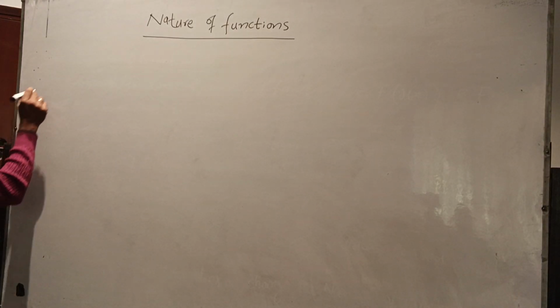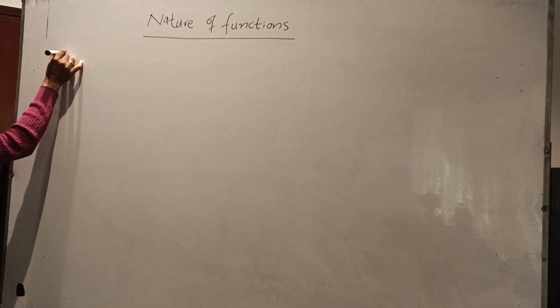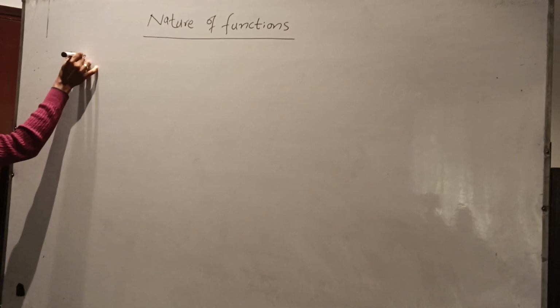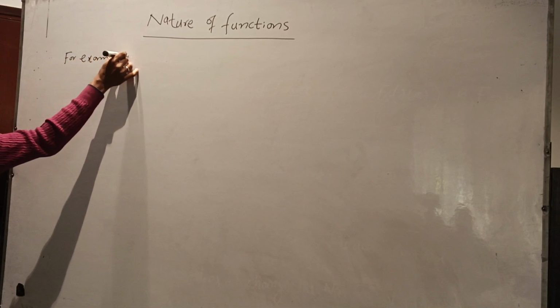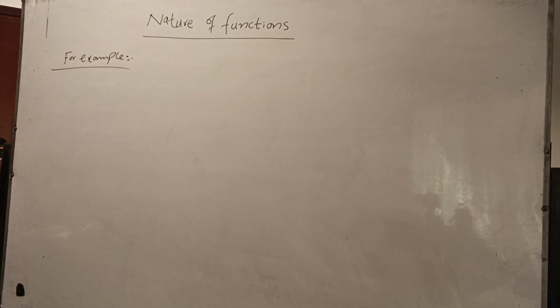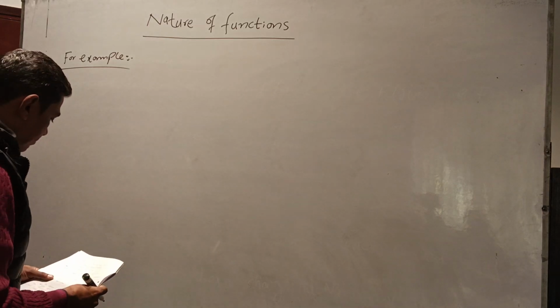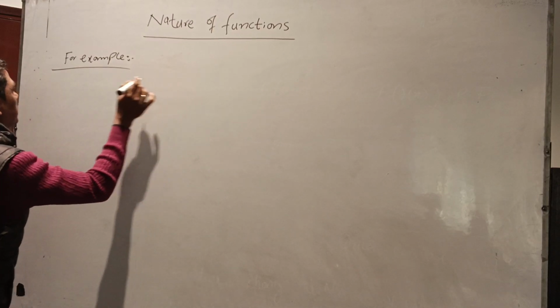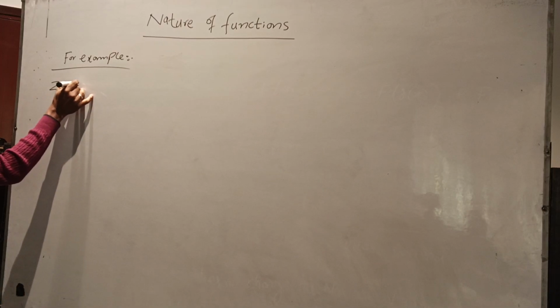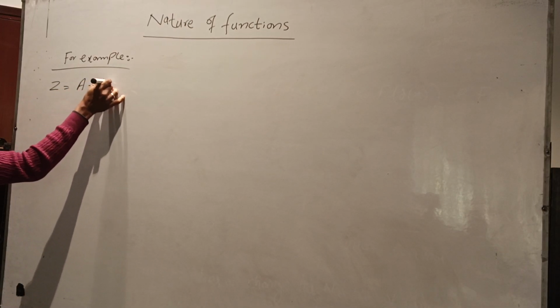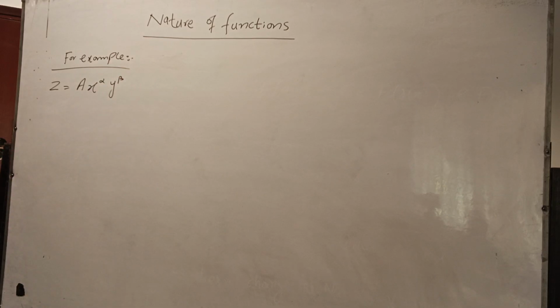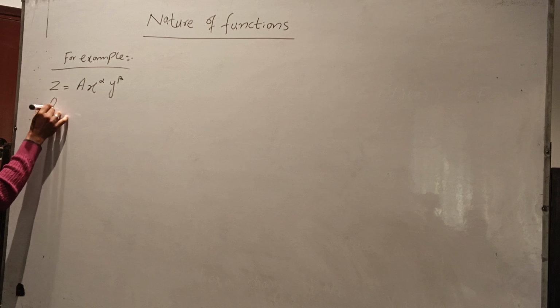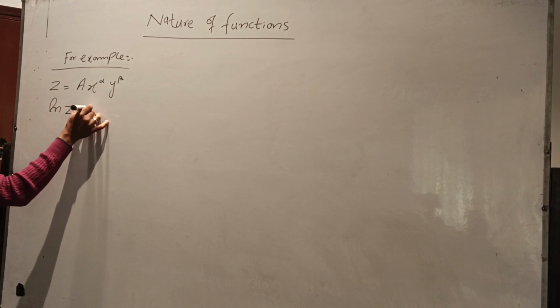For example, z is A x^alpha y^beta. Take ln z.